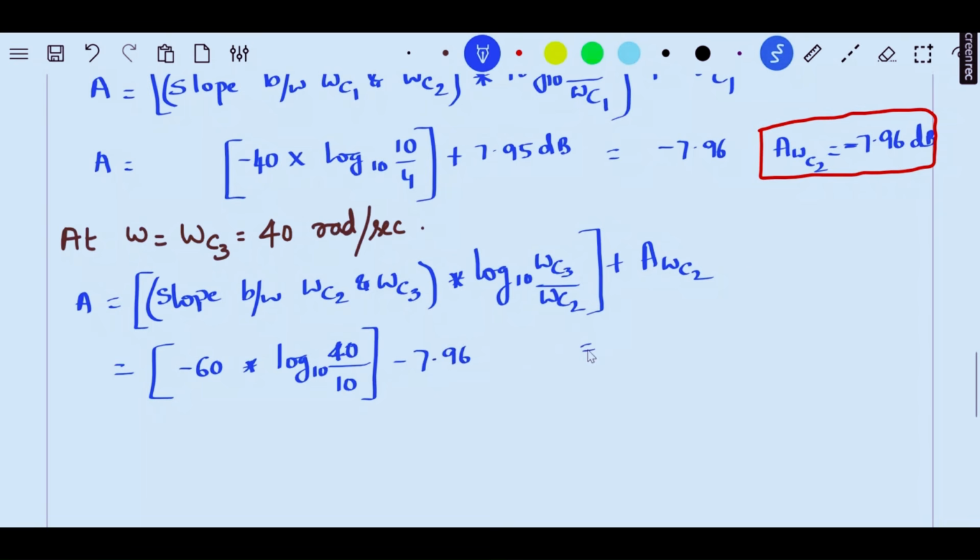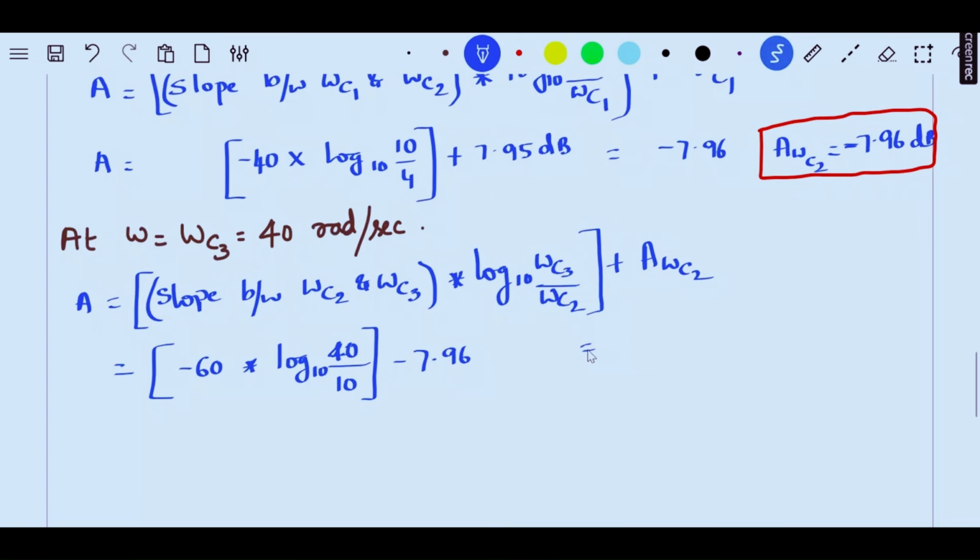Now if I try to solve this using my calculator, what I get here is minus 60 into log of 10, since 40 by 10 is 4, which will give me minus 36.123.